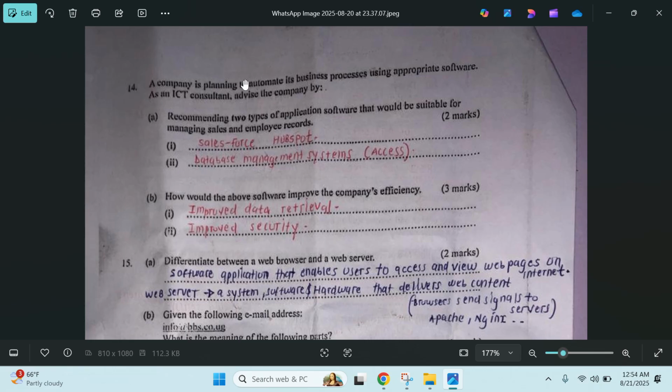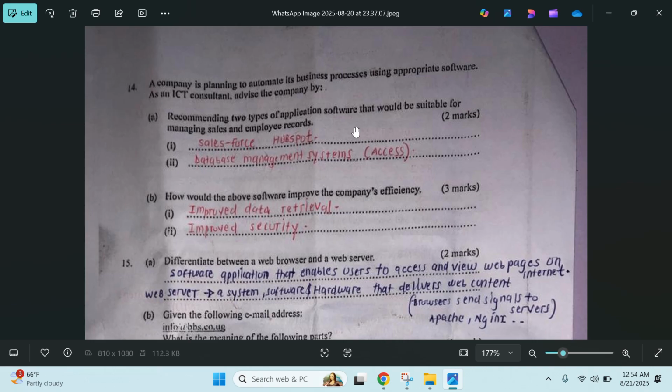They're telling us, as an ICT consultant, to advise the company. The company is trying to automate whatever they're doing with ICT, and they are consulting you through the following steps or questions. Part A, recommend two types of application software that would be suitable for managing sales and employee records.